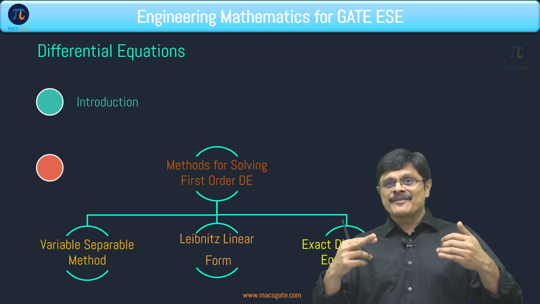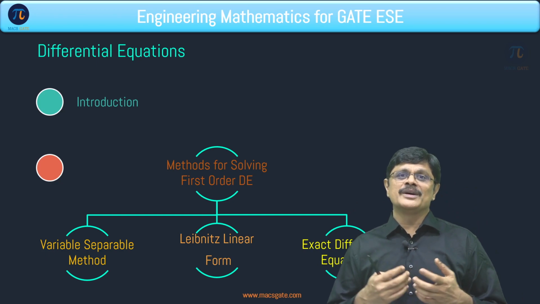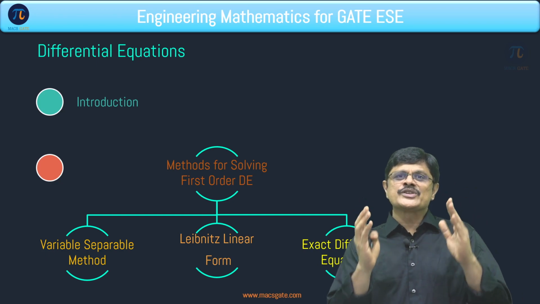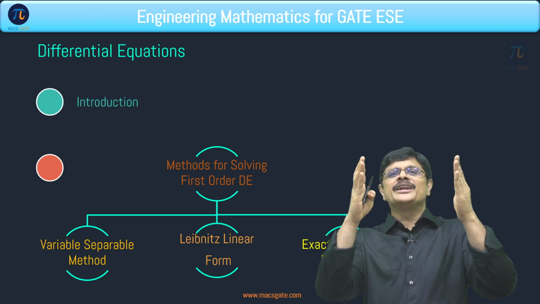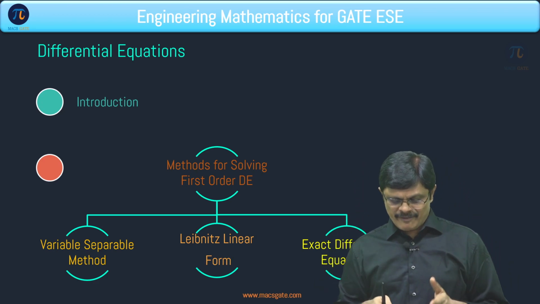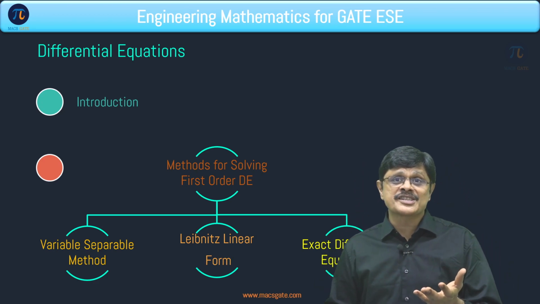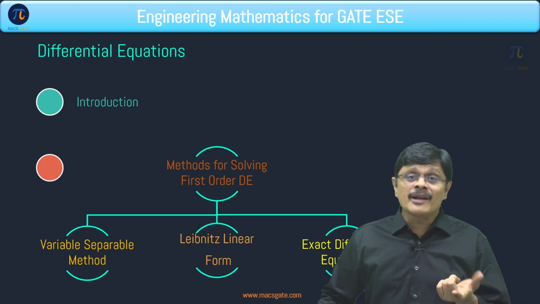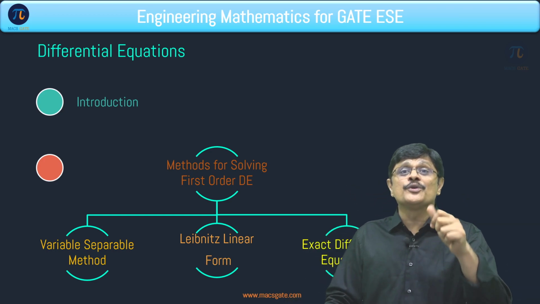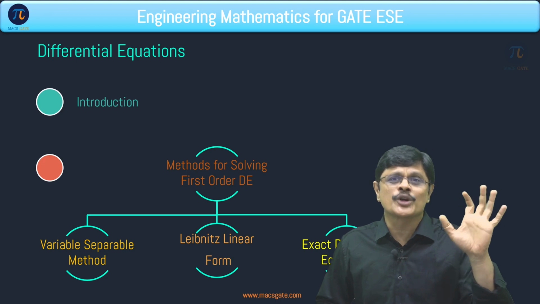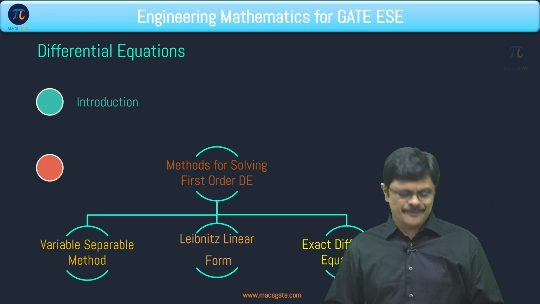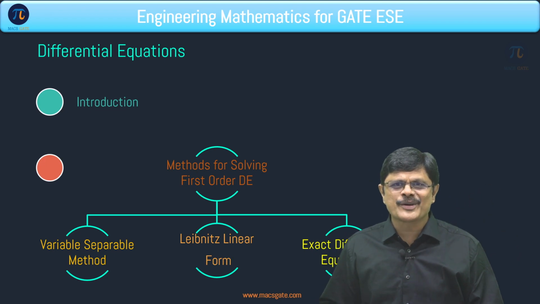See, the second part which I was mentioning, reducible to that form. There may be some equations which are readily in that particular form, or you may need to reduce them to that particular form. For example, the famous Bernoulli's differential equation is non-linear, but it can be reduced to linear form by making some suitable substitution. That is the story. So, that is about first order differential equation, my dear friends.